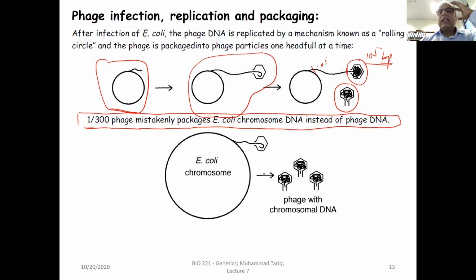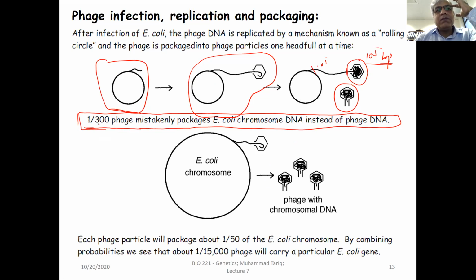And if we calculate 1 in 300 and how much is the bacterial genome, 1 in 300 by mistake can carry bacterial genome, and how much is the capacity of the phage head to package is 10 to the power 5 total.